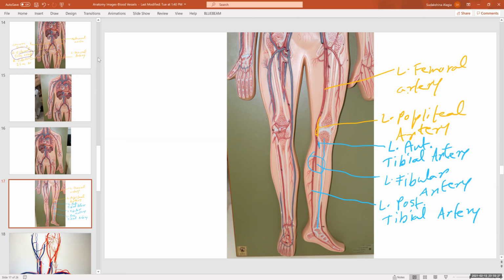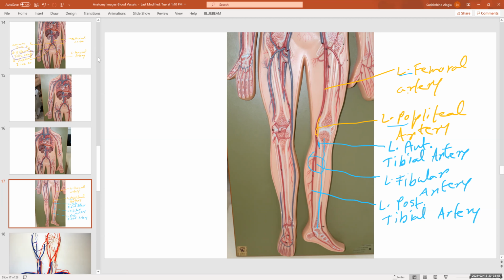Okay. So we followed from the external iliac to femoral artery. Again, what goes on the left, the names are repeated on the right. Make sure that you're following that, the bilateral vessel. So left femoral artery, which then becomes left popliteal artery behind the knees.